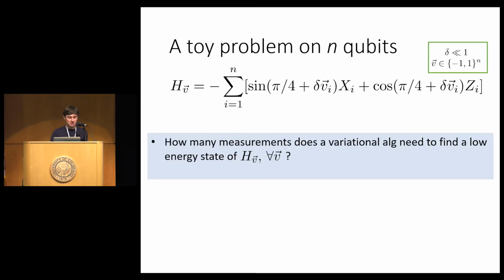So for this family, we can ask how many measurements does a variational algorithm need to find a low energy state of h sub v for any choice of v. In other words, say we have some variational algorithm that is good at optimizing all of these Hamiltonians, then what can we say about how many measurements it needs?